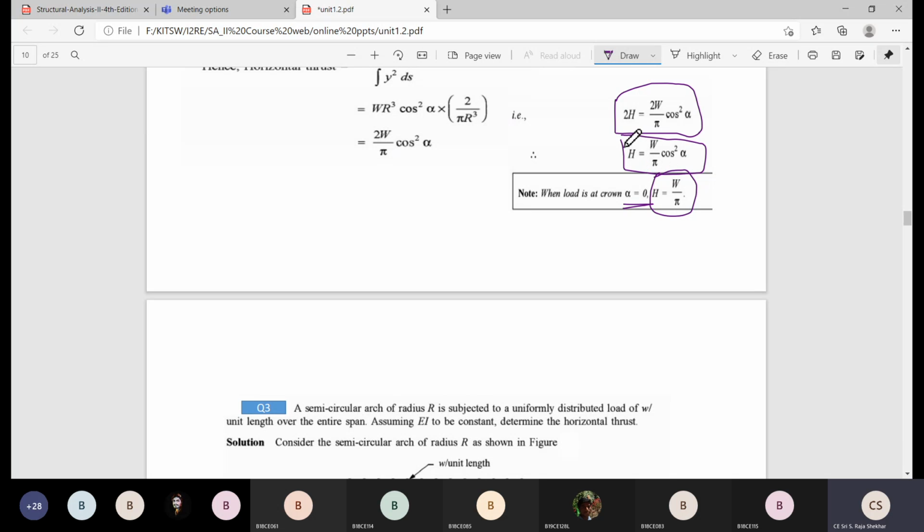So this is the derivation. You need to remember this equation, h is equal to w by pi cos square alpha.